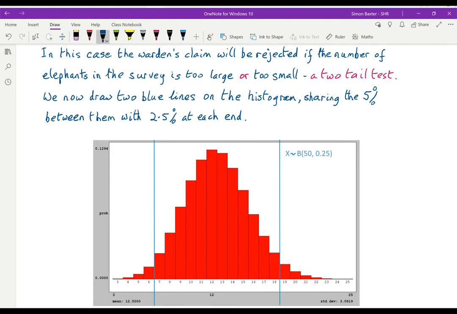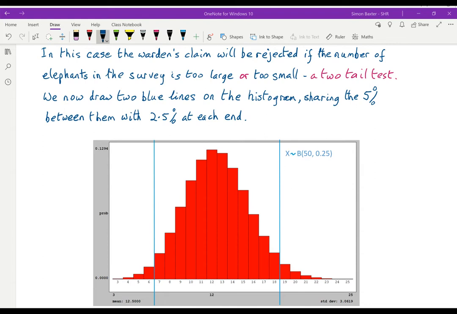As I've just said, the warden's claim will be rejected if the number of elephants in the survey is too large or too small. This gives us a two-tail test. This means we need two lines on our histogram, sharing the 5% at 2.5% either end. Now, we cannot do exactly 2.5% because of the discrete nature of the probability.